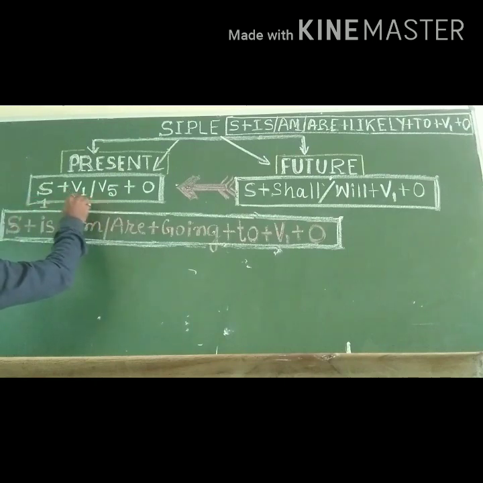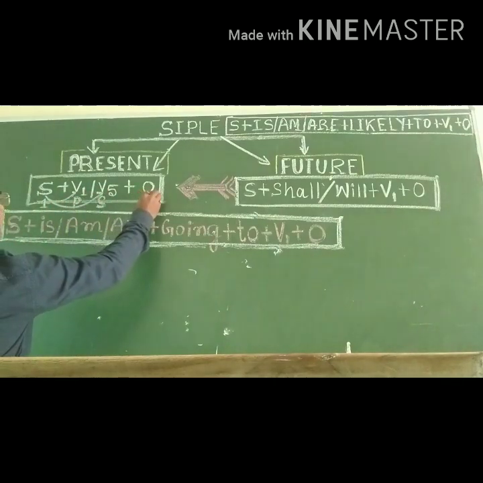Later on, V1 is for plural subject, and V5 is for singular subject. That means, if the subject is plural, we use V1, and if the subject is singular, we use V1 with s/es. And we know that the object comes at the last place.